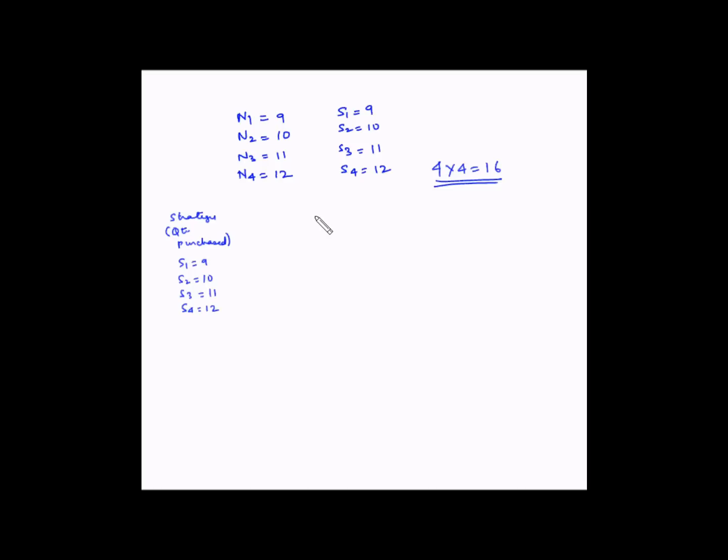And then we have states of nature or events, N1 equals to 9, N2 equals to 10, N3 equals to 11, and N4 equals to 12.